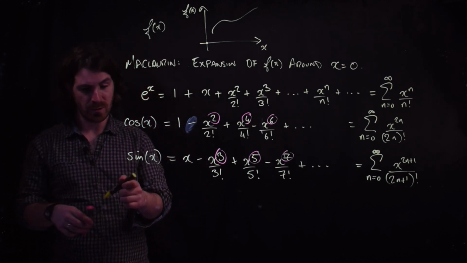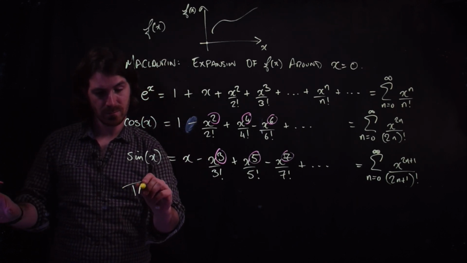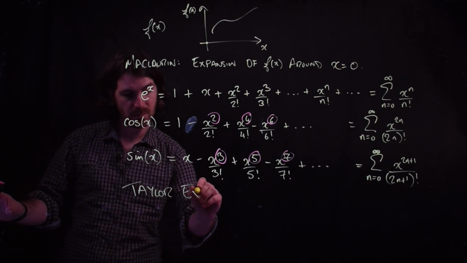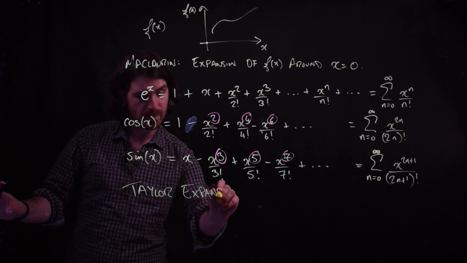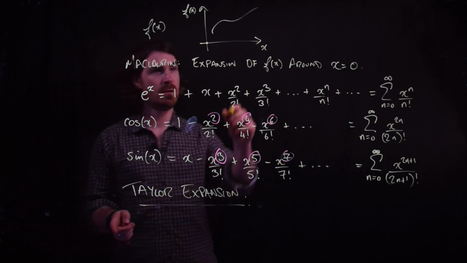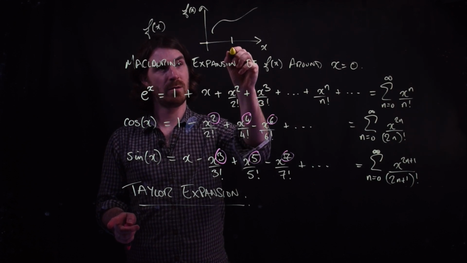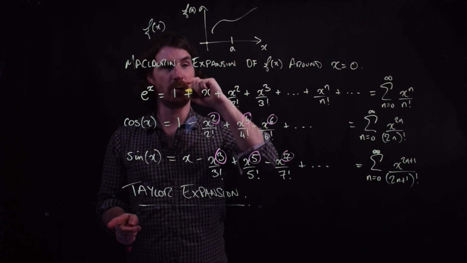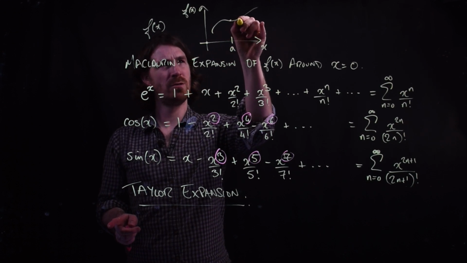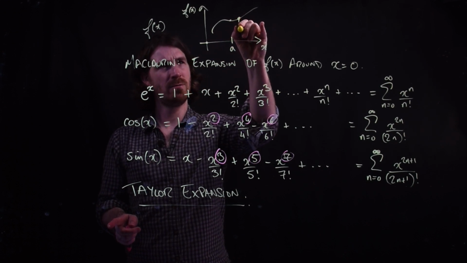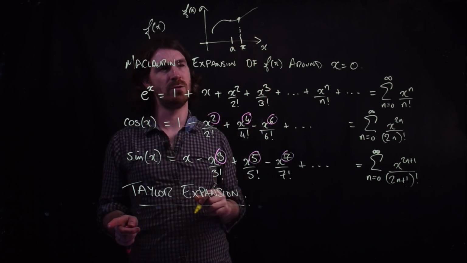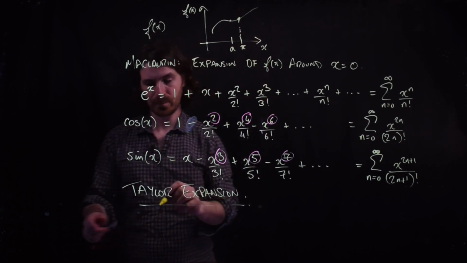We also looked at the Taylor series, the Taylor expansion. In the Taylor expansion, you expanded about not the origin, but some point x equals a. And you asked, what is the function at this value, which we'll call x, if we know the function at x equals a.